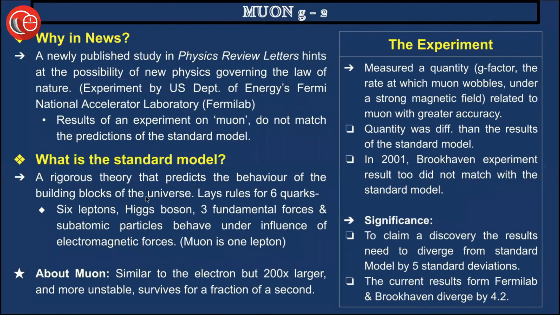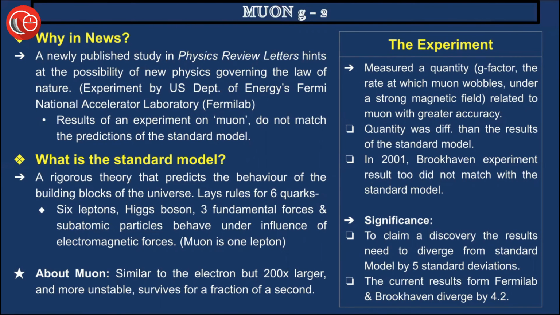A standard model is basically a rigorous theory that predicts the behavior of the building blocks of the universe. It lays out the building blocks regarding the subatomic particles, such as six types of quarks, six leptons, and the Higgs boson particles. These are the fundamental forces, and it also lays out how the subatomic particles behave under the influence of electromagnetic forces.